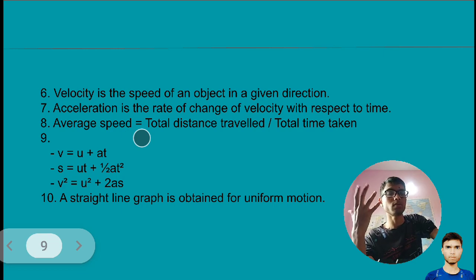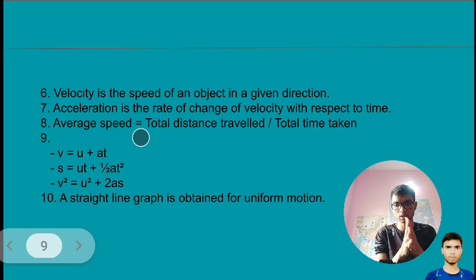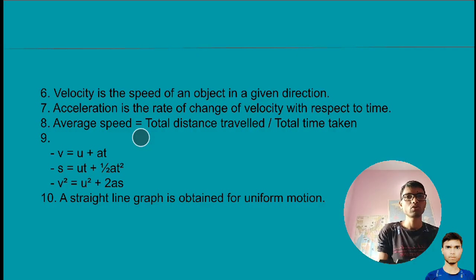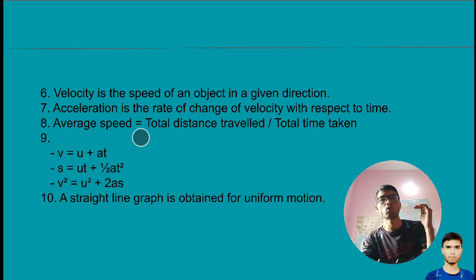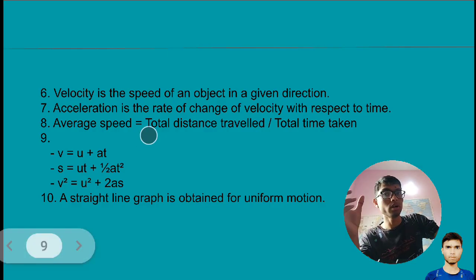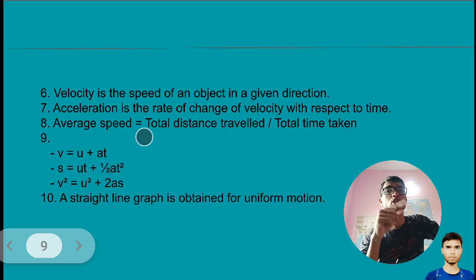For v square, final velocity square is equal to u square plus 2as, where v is the final velocity, u is the initial velocity, a is the acceleration, t is the time, s is the displacement.